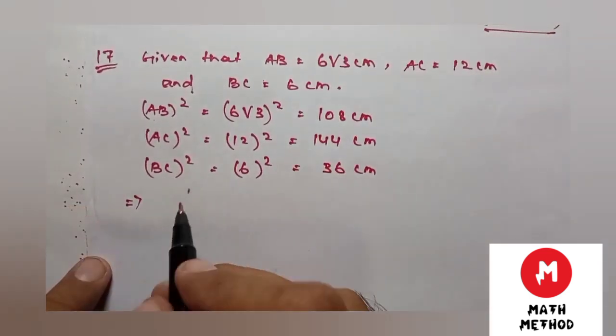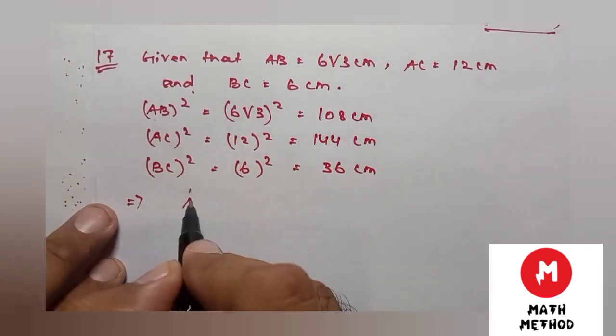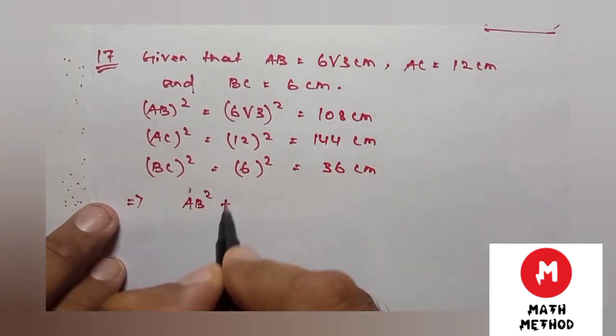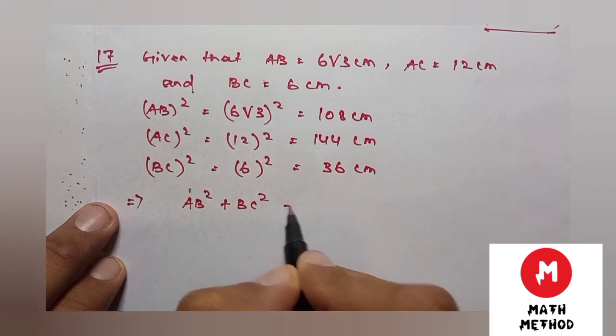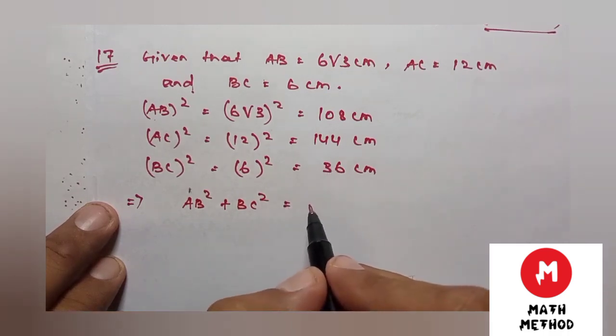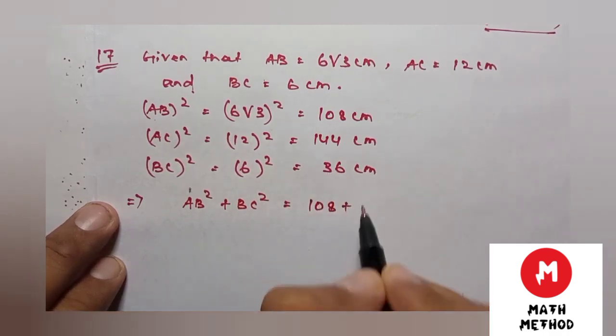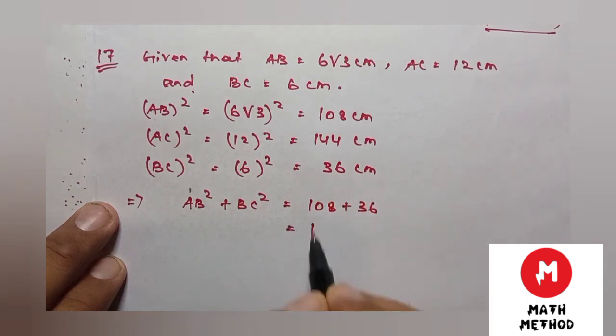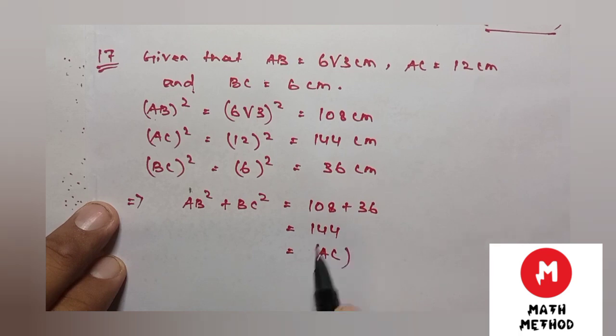We got AB square plus BC square is equal to 108 plus 36, which is equal to 144, which is equal to AC square.